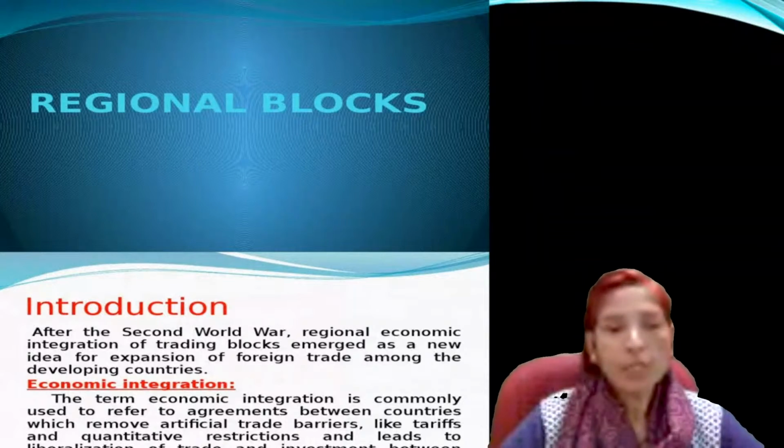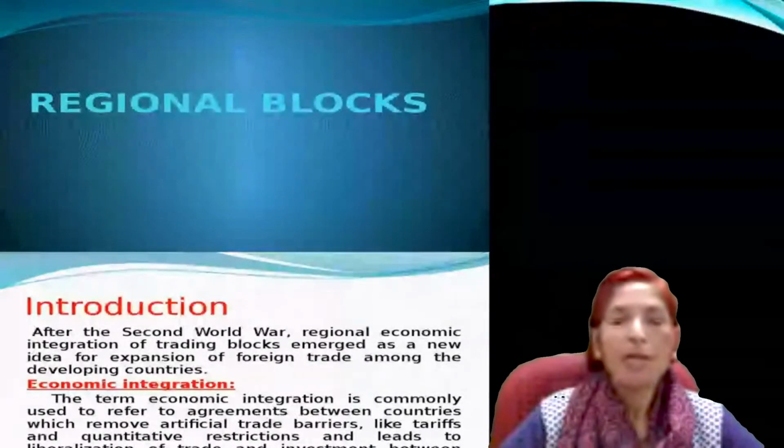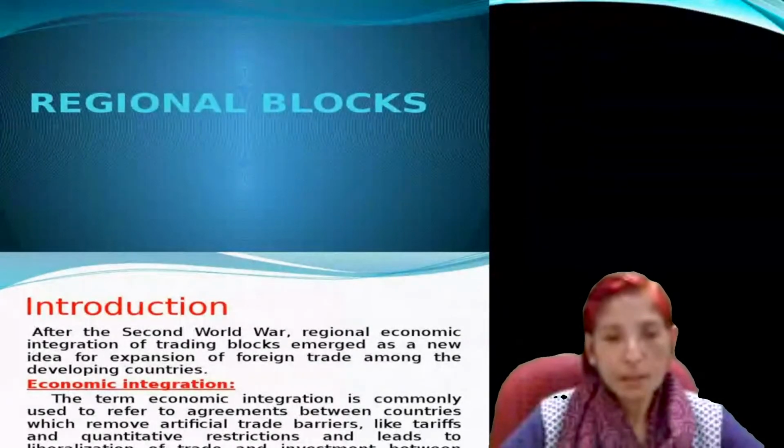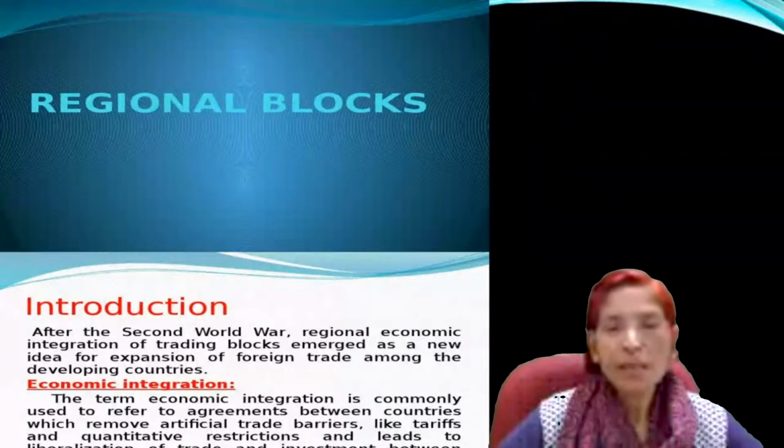So, regional blocks or regional economic integration arises after World War II.